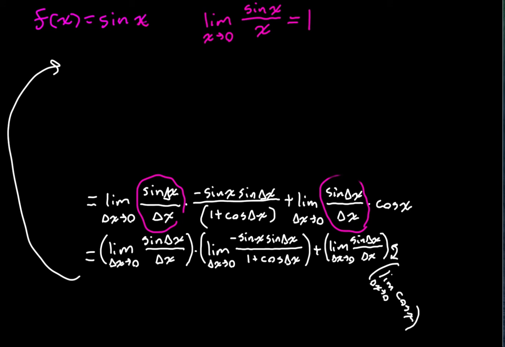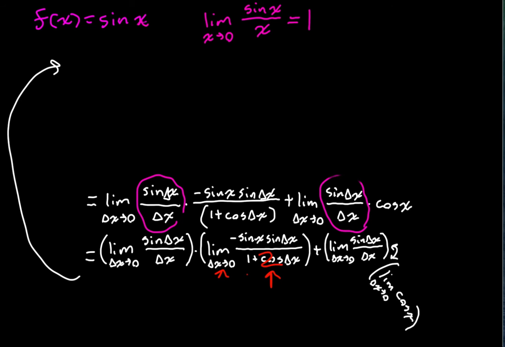If we look at this second term here, 1 over cosine of delta x, when delta x goes to 0, that's 1 plus 1, so this is the same as 2 down here.